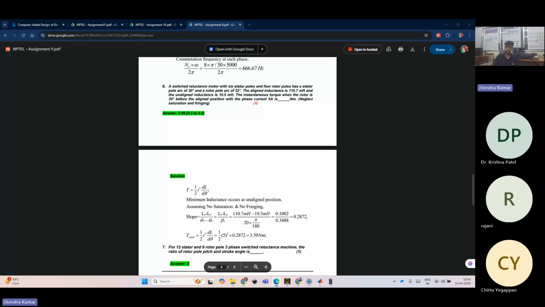You got, Dr. Patel, what I'm trying to say regarding that 30-degree angle? That 30 degrees before the aligned position. Yes, sir. I'm getting that, but that factor is not included here.